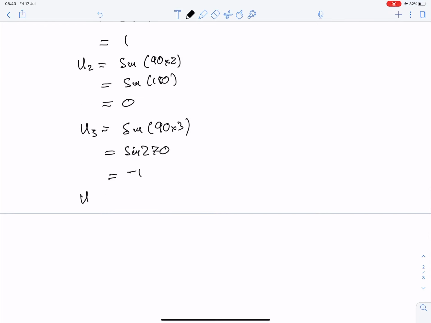And we keep on going. u4 is sine of 90 times 4, which is sine of 360, which equals 0.